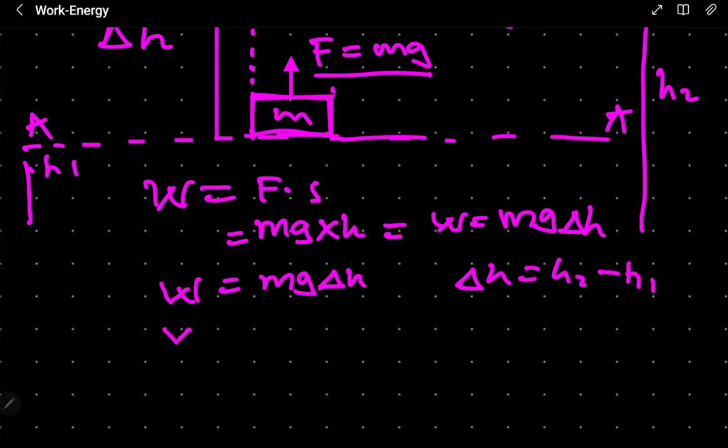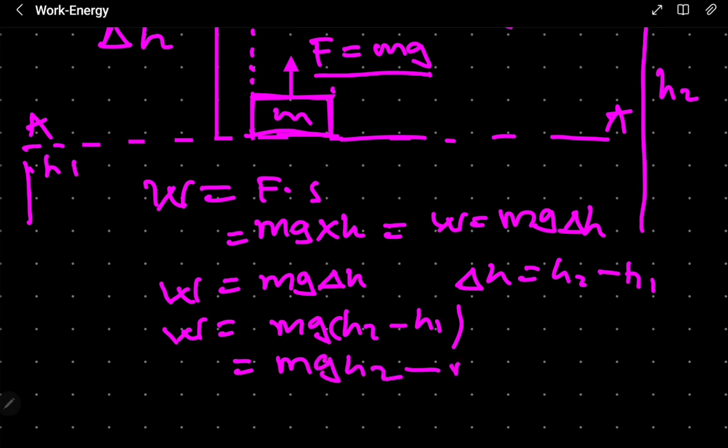So the work done here is the mass times gravity times h2 minus h1. So the work done is equal to mass times gravity times height 2 minus mass times gravity times height 1.